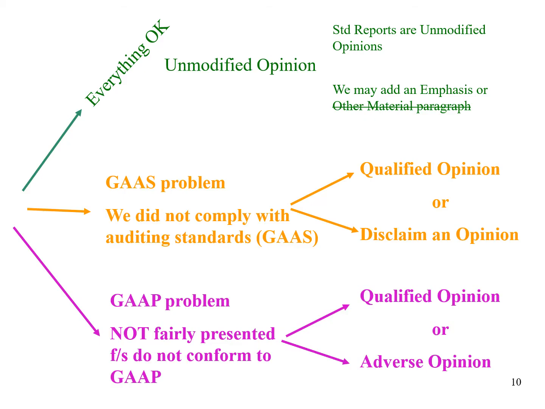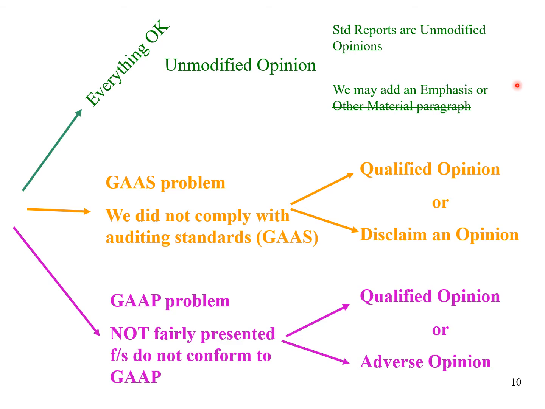So we'll walk through. Now here's Tad's outline of what's going on. Everything's okay. We issue an unmodified opinion. Standard reports are unmodified opinions. Okay. However, we may add an emphasis of matter paragraph.